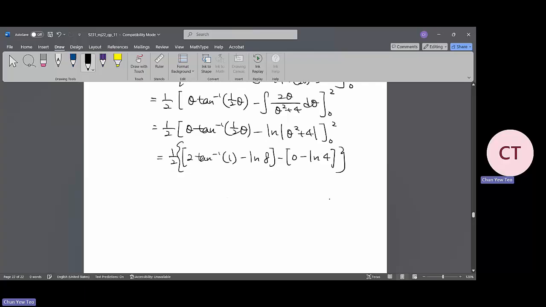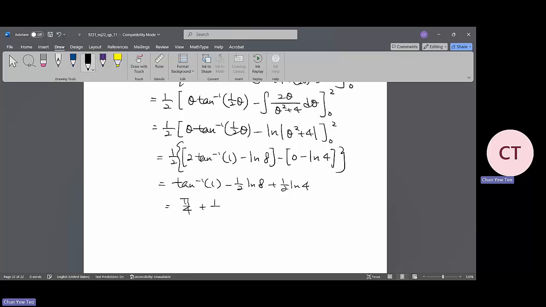Okay. So just use your calculator. This one is arctangent of 1 minus the half ln 8 plus the half ln 4. So arctangent of 1 is pi over 4.